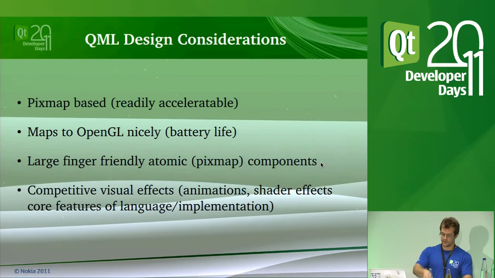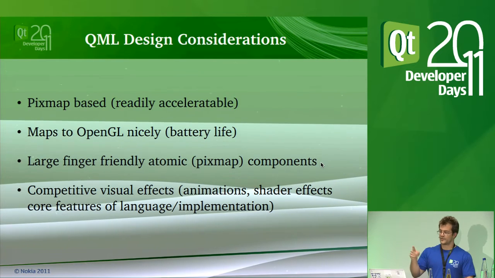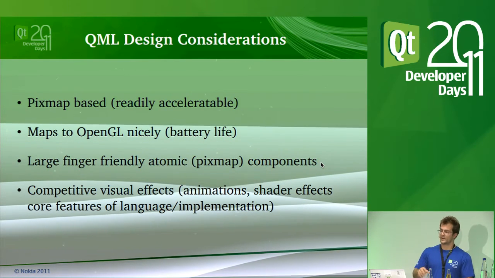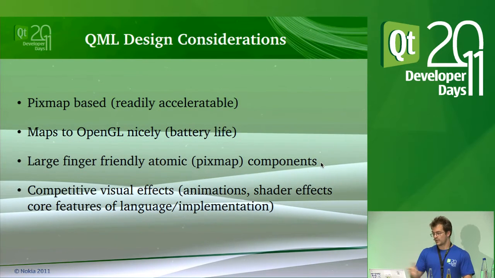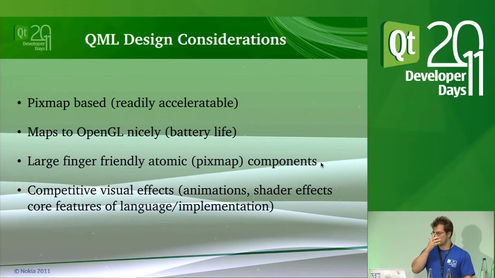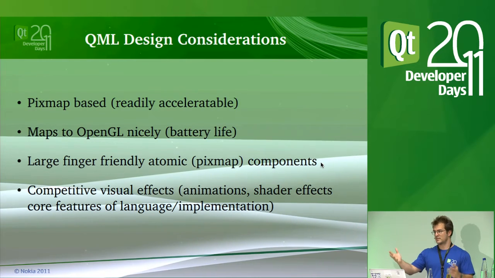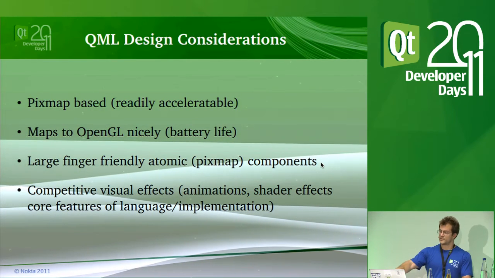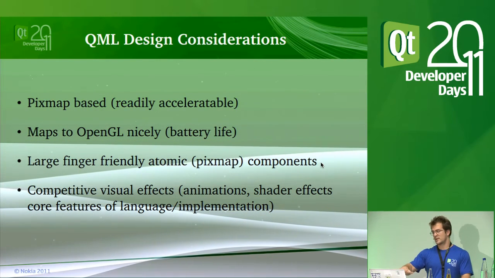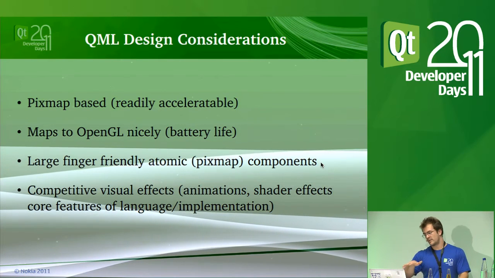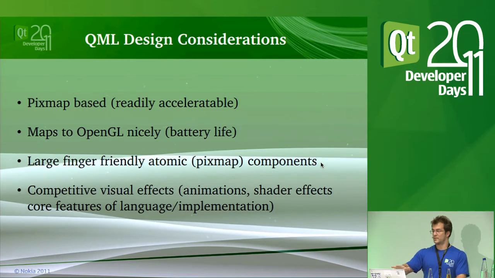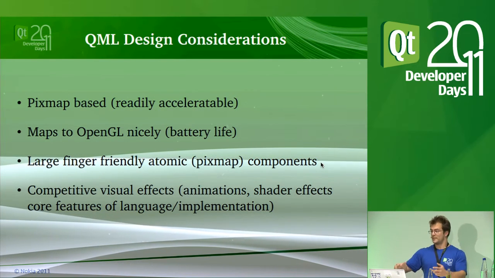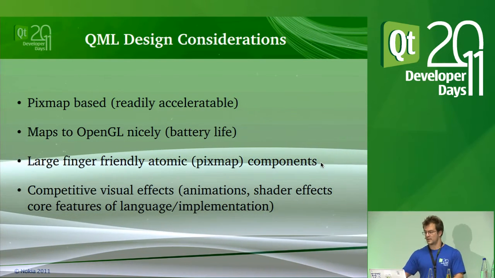Given the surface area of your finger, you will always want to be dealing with something which is basically a pixmap. And compared to visual effects, in the mobile device space, what is selling devices is actually Flash. And what worries me is that, again, we overstress the flashiness of QML rather than the convenience and the production time, development time, and other aspects of it.